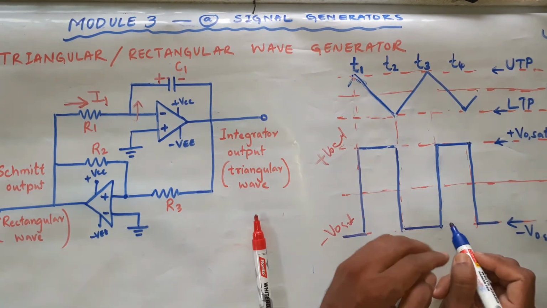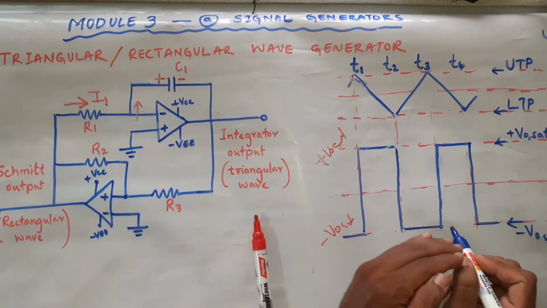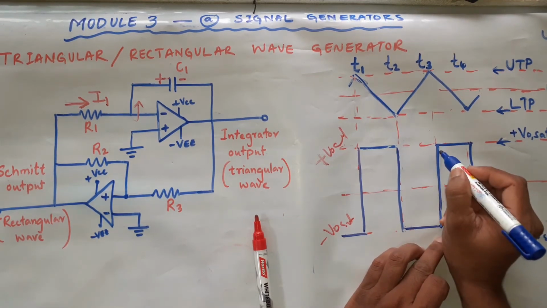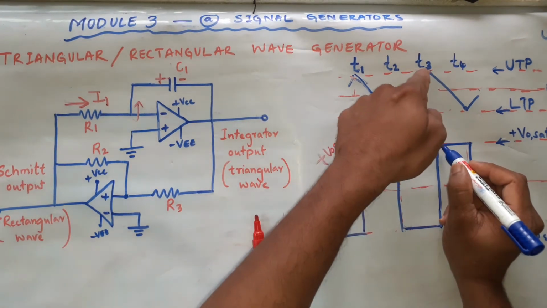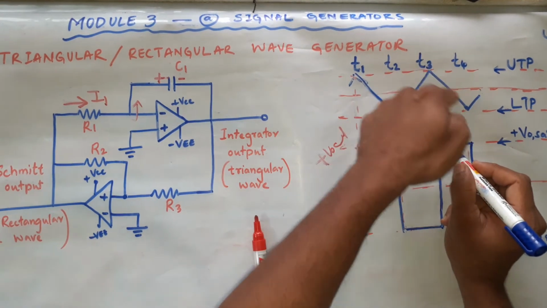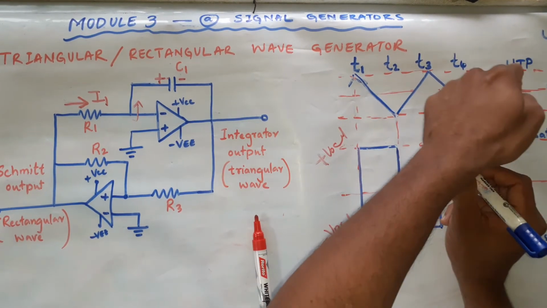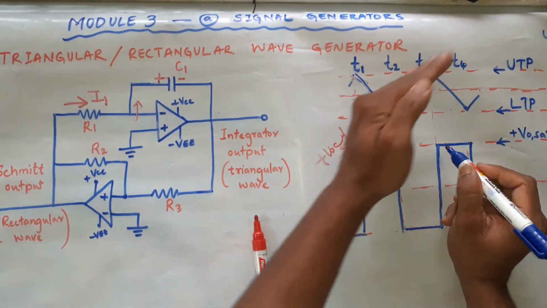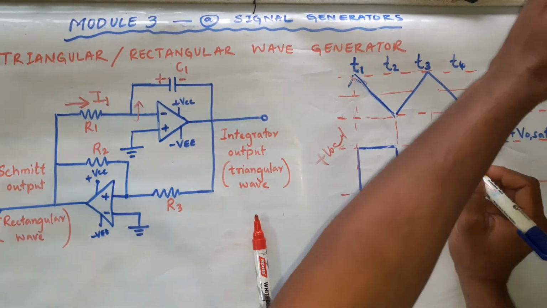At T3, the output of the Schmitt trigger goes from the minus saturation level to the plus saturation level, and the moment this happens, once again the capacitor charges. This is a negative ramp. Again it discharges. So this triangular waveform you are getting because the capacitor is charging, discharging, charging, discharging.